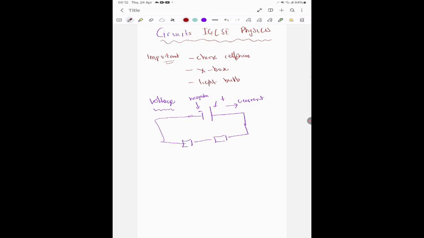If my cell has, say, 30 volts, the voltage in your cell or your battery is normally known as the EMF. My resistors, let's call this resistor A and resistor B. Resistor A might get 10 volts, in which case resistor B will get 20 volts.